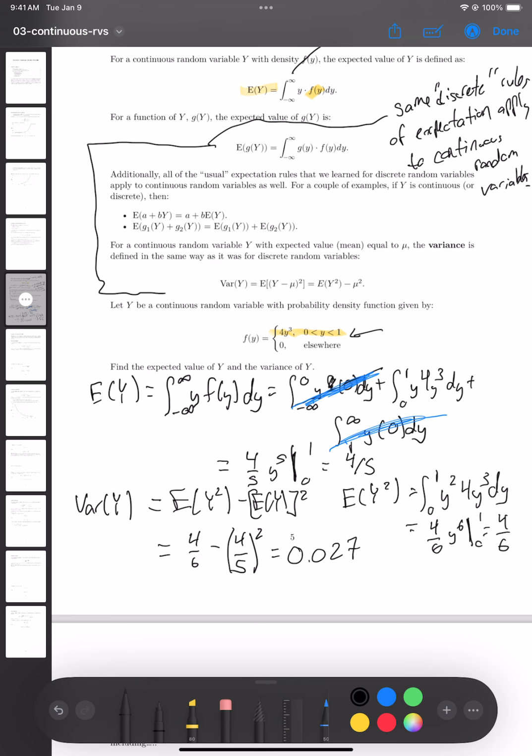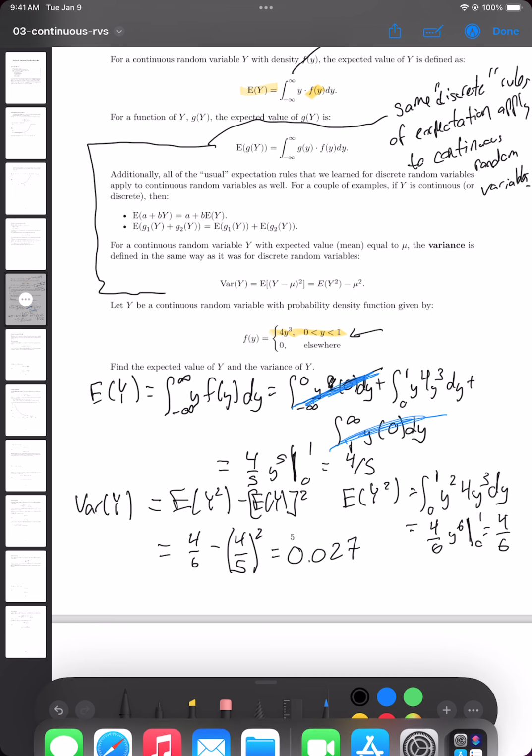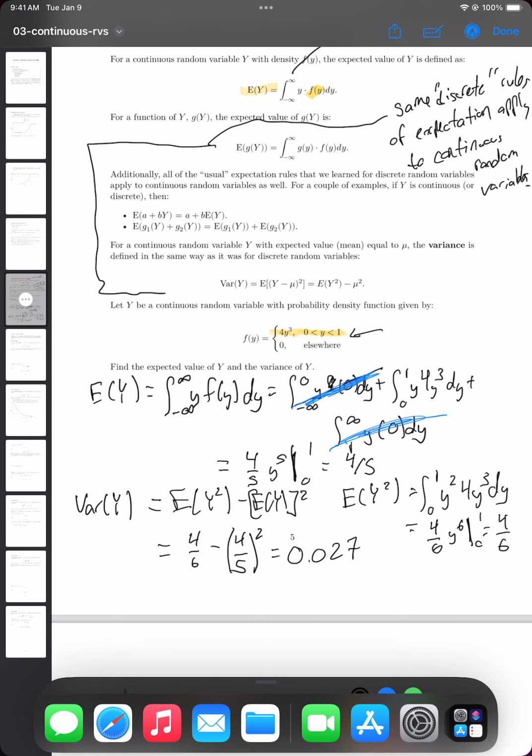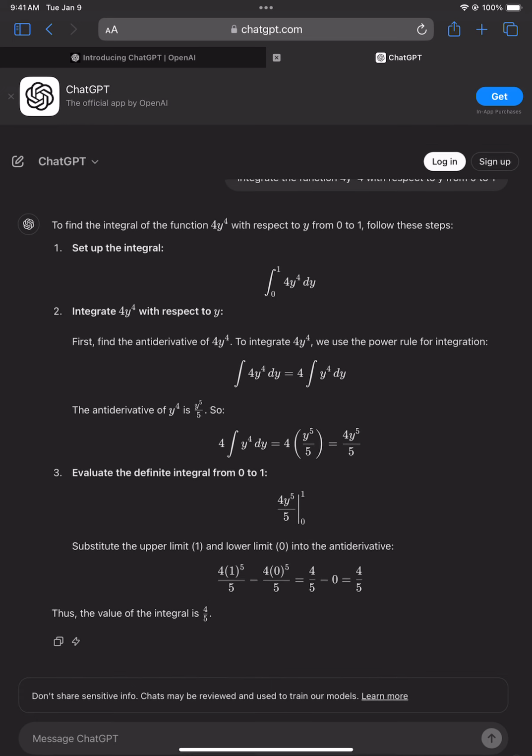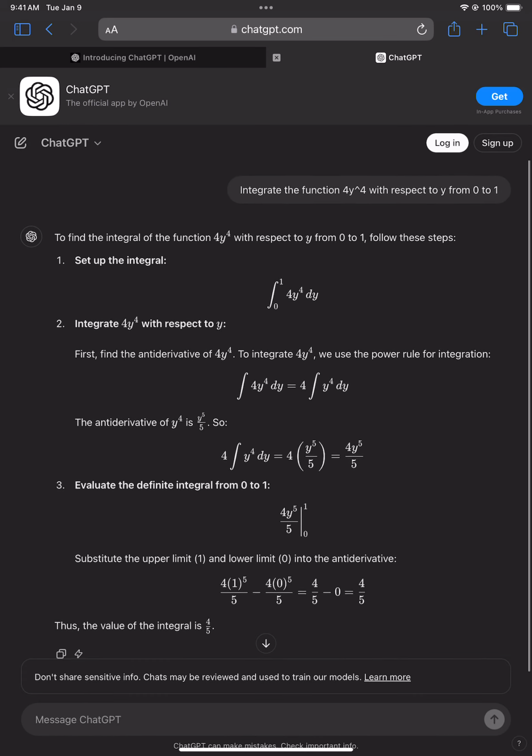One last quick note. There will be times where it's not really worth the time to do the integral by hand. In those cases, in class, I will use ChatGPT, mainly as my technology to integrate. I've already done this one just to save a little bit of my typing time, so you can see my prompt up at the top.